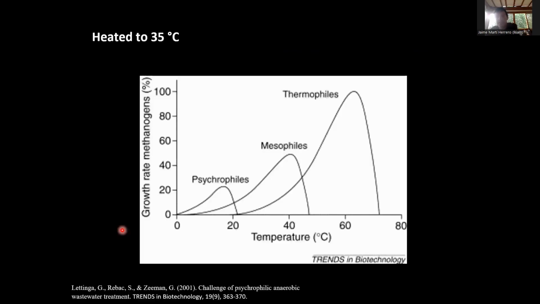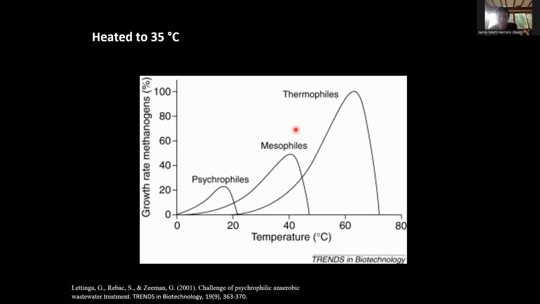As the microorganisms came from the stomach of animals, these microorganisms have been evolving to have a very good performance at around 35 degrees, the same temperature as the body of these animals.